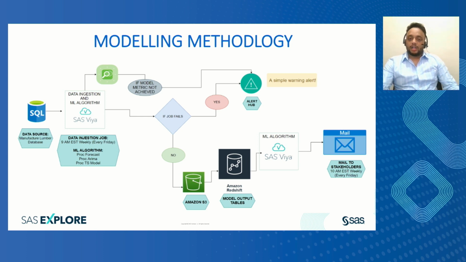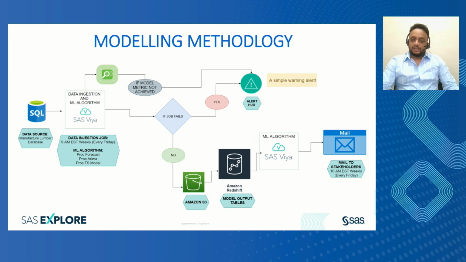It will send an email to the monitoring team, the developer team, and also the data engineering team. If the job fails, they will get the alert and work on why it has failed. If it has not failed and has passed, then once the model has run, it will give the output to Amazon S3 from SAS Viya.